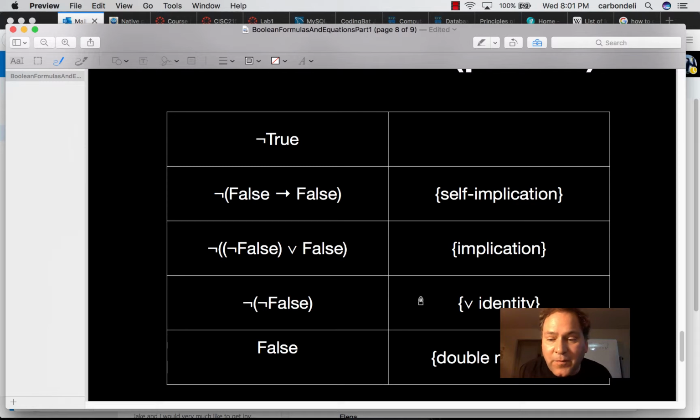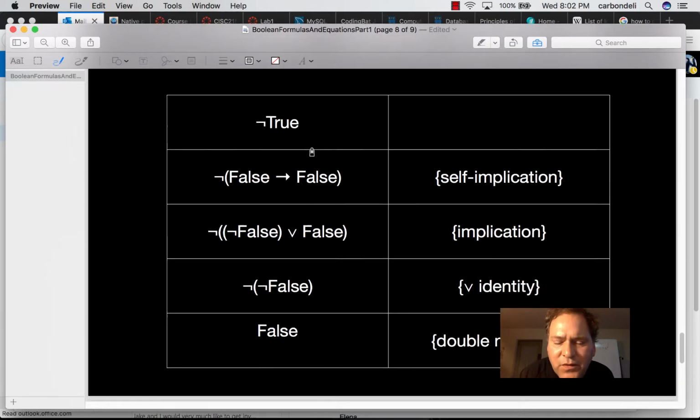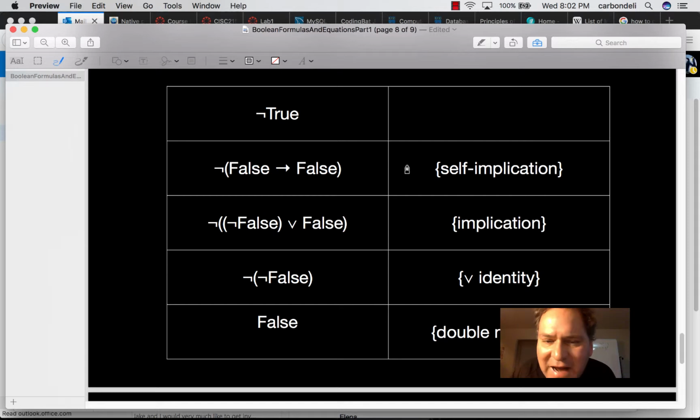And then going from logical OR identity to false isn't too difficult. We can just apply the double negation rule and we end up with false. So you can see we start with the goal of demonstrating that logical not true is equal to false, and by using the axioms we can convert the first expression into the last expression.